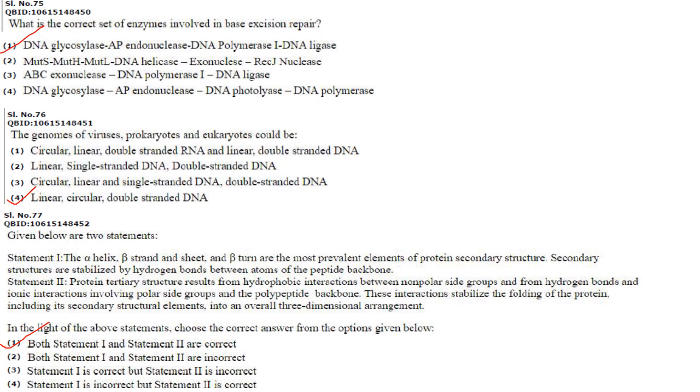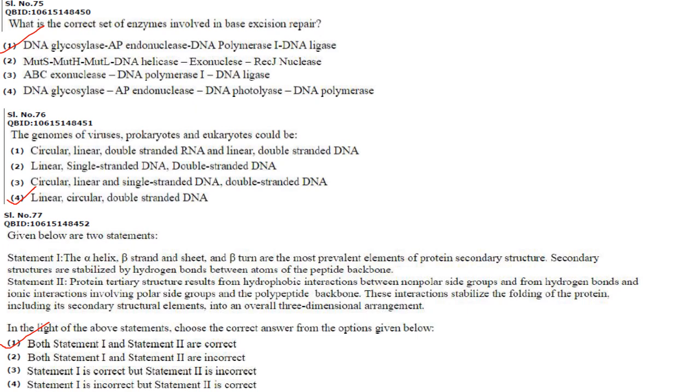The genome of viruses, prokaryotes and eukaryotes could be circular, linear, double-stranded RNA and linear double-stranded DNA. RNA is not present in eukaryotes as a genome. So first option is not correct. Then linear single-stranded DNA, double-stranded DNA.